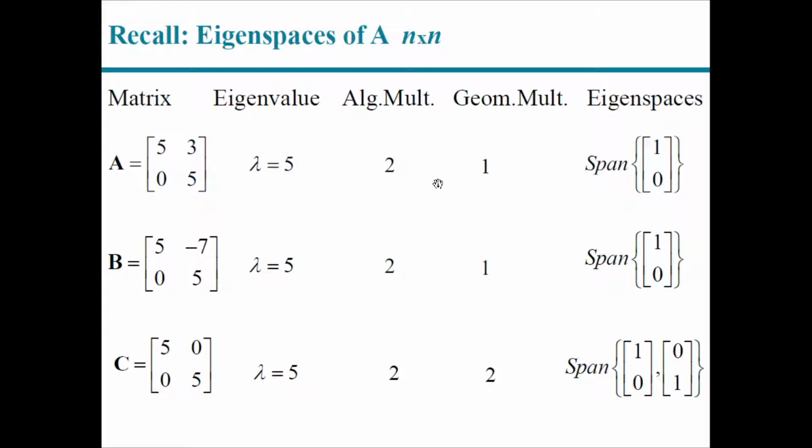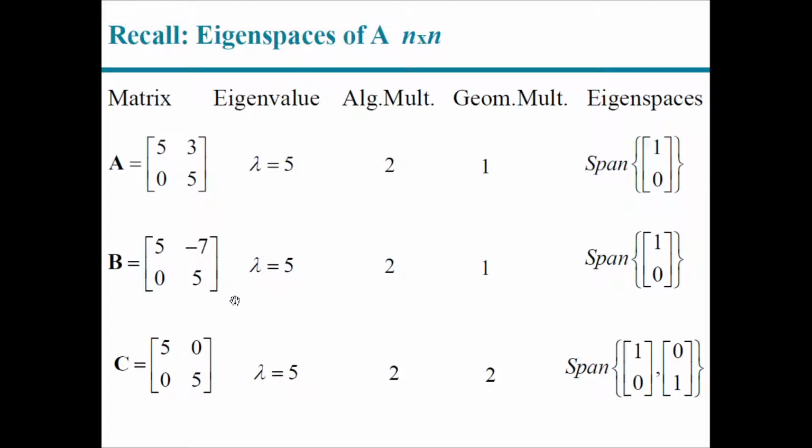And then I need to compute the null space of A minus 5I. And we found that the null space is the span of the vector (1, 0). So there is only one vector creating the eigenspace. So the geometric multiplicity of the eigenvalue 5 for the matrix A will be 1. Simple.